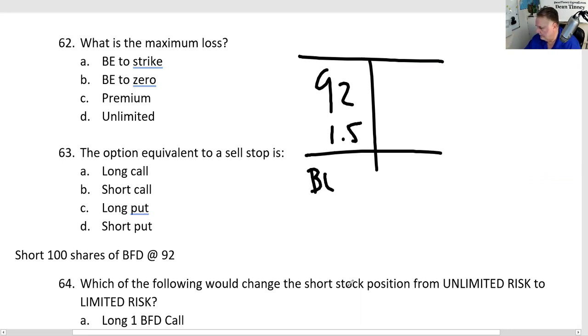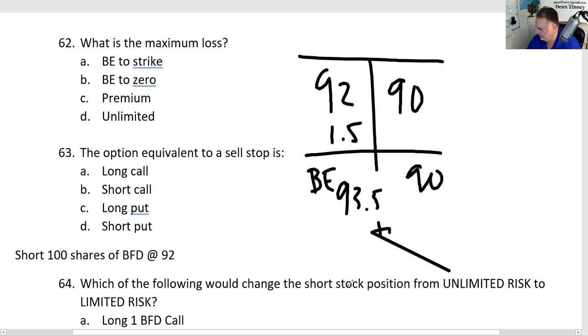And so your break even was 93.5. And you can sell the stock anytime you want at the strike price. And so the maximum gain is the break even to the strike.